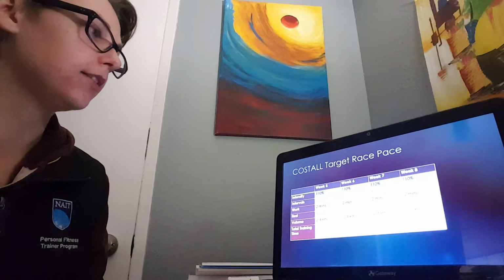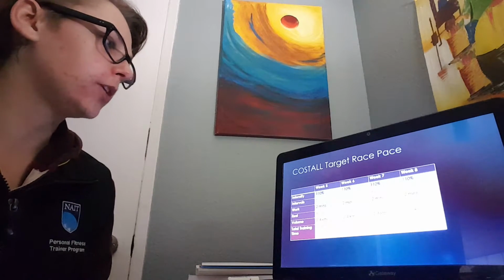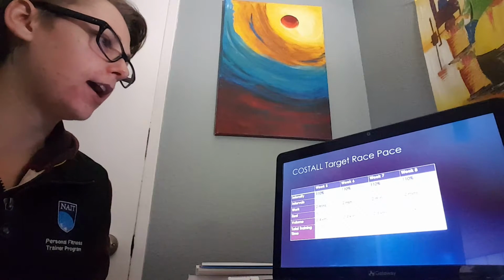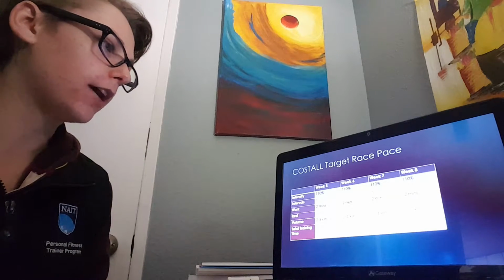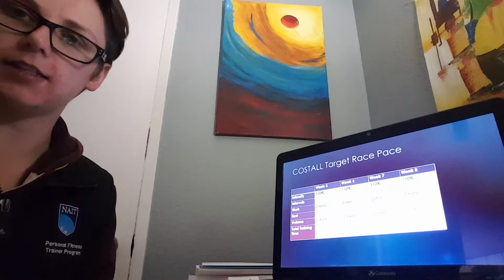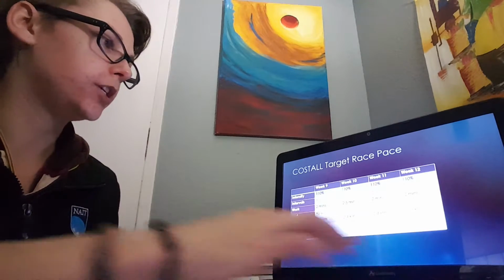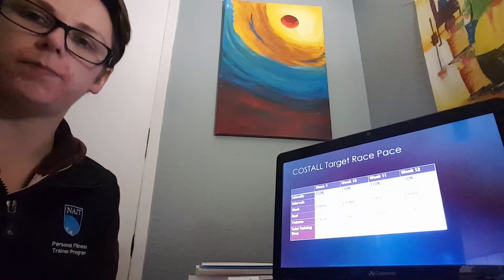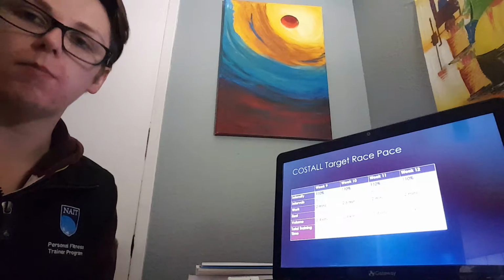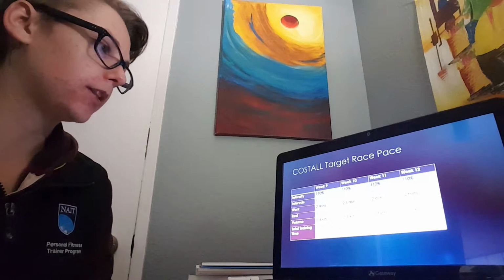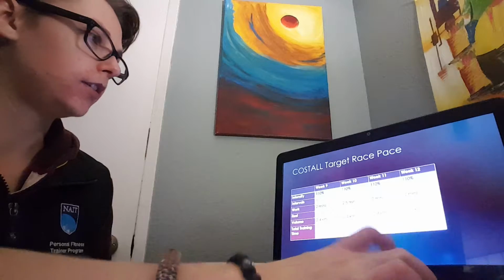Then in the second month, we start to increase the intervals a little bit more, and we're giving her a little longer rest, but we're increasing the intensities of the training. So we're teaching her body how to get rid of that waste better and become more and more efficient. And then the last month we push her a little bit harder.